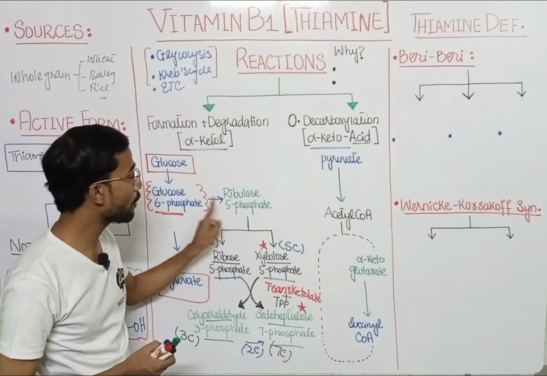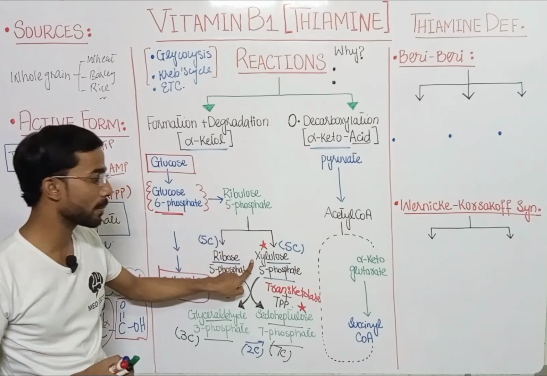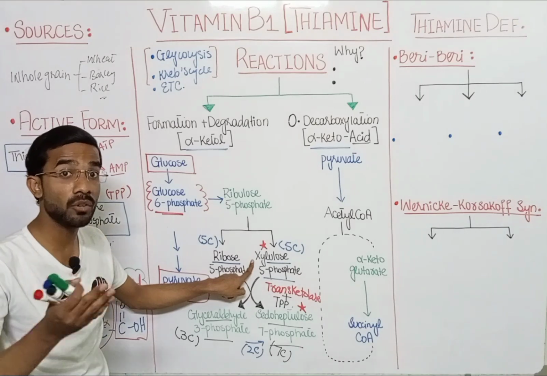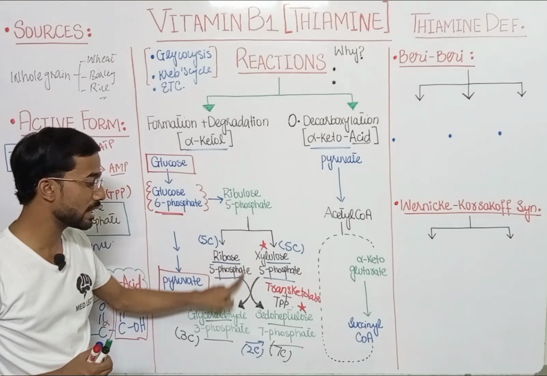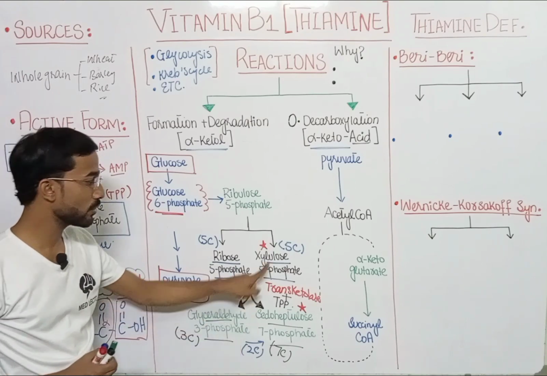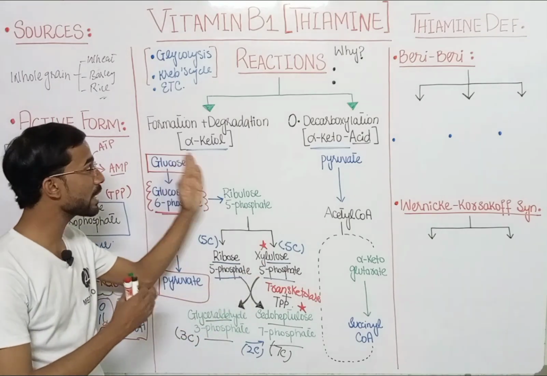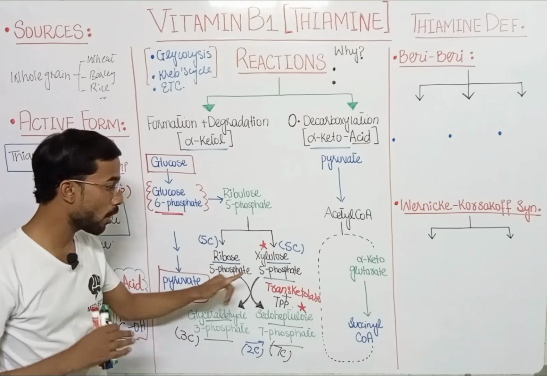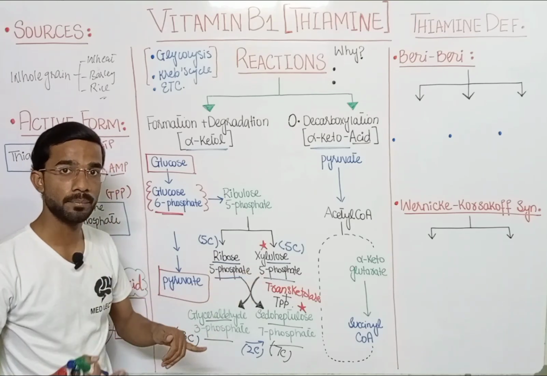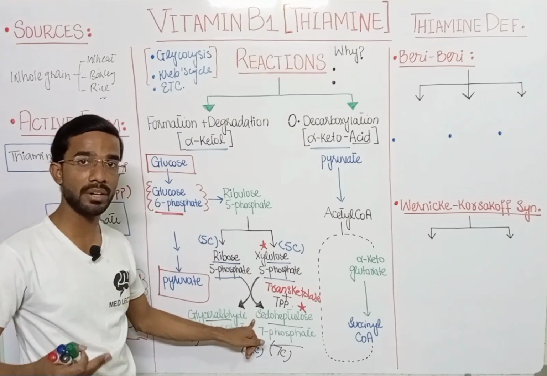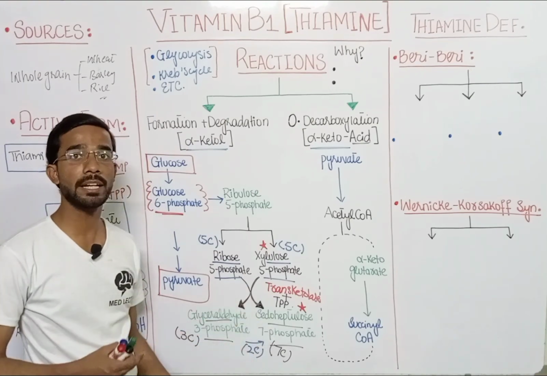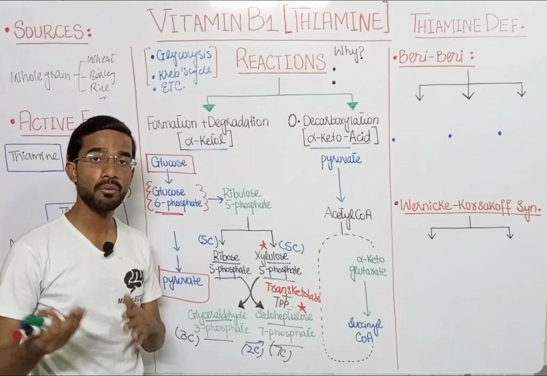From ribulose 5-phosphate, you will see the formation of xylulose, which means formation of the alpha ketol, and after that it degrades into sedoheptulose. So the alpha ketol is formed and degraded continuously, and ultimately sedoheptulose also contains the alpha ketol. It will further degrade into erythrose 4-phosphate.